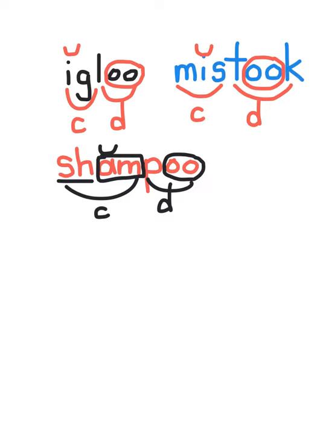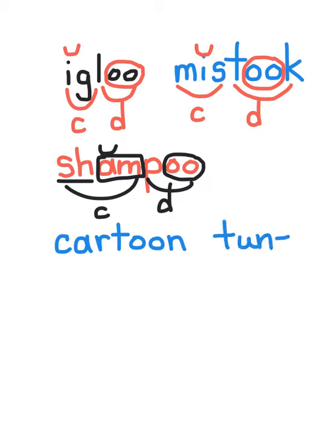Great job. Now I know that you also like to watch a cartoon sometimes. Car, C-A-R, toon, T-O-O-N. Now this tune is differently spelled than T-U-N-E. That's the kind of tune where you sing a song or you listen to music. That's a T-U-N-E tune.